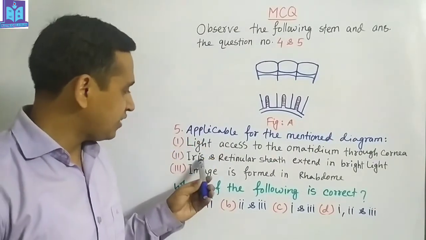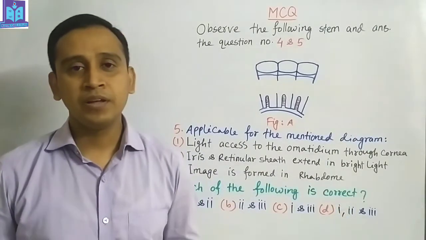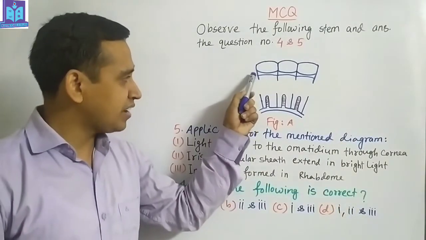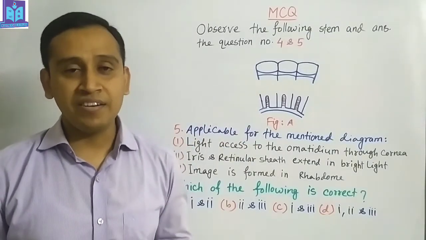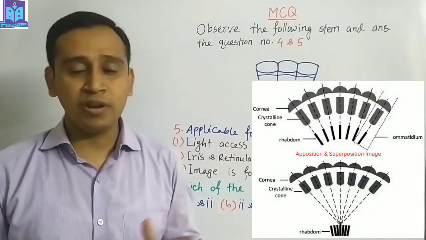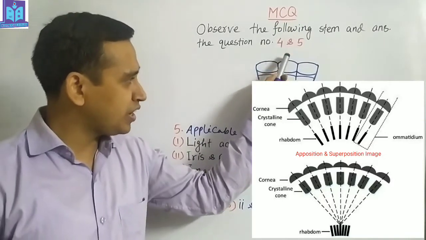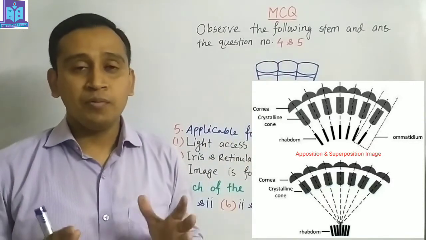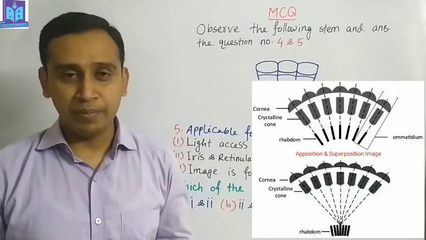Number 2, iris and retinular sheath extend in bright light. You know, black pigmented iris sheath and retinular sheath extend in bright light. So in bright light, all the ommatidia are isolated, so that the image is only formed from the longitudinal ray. This image is called apposition image.